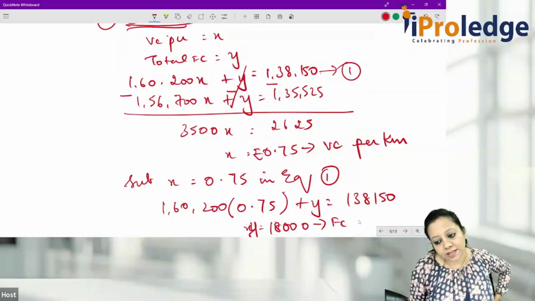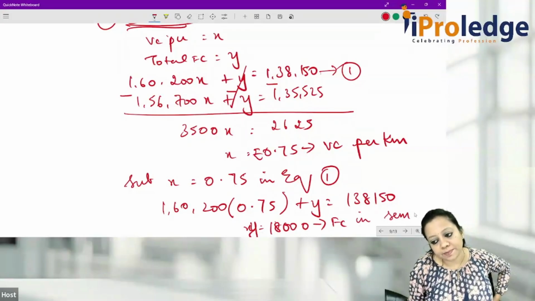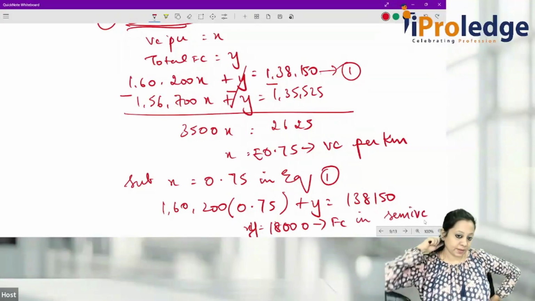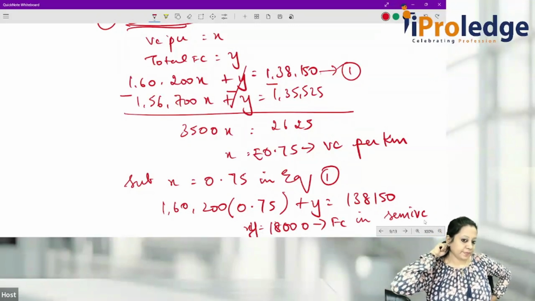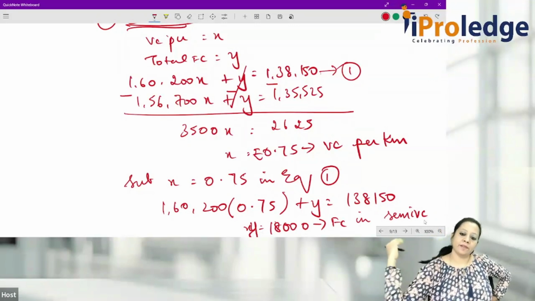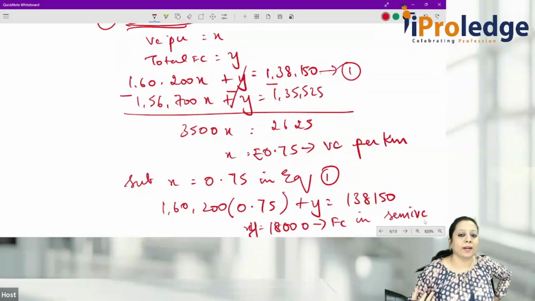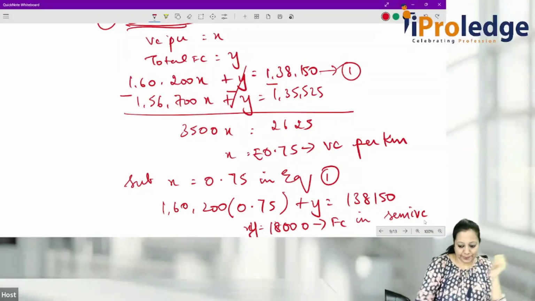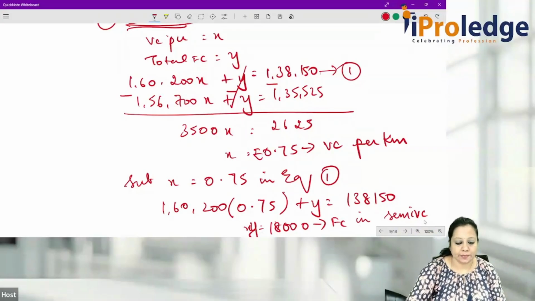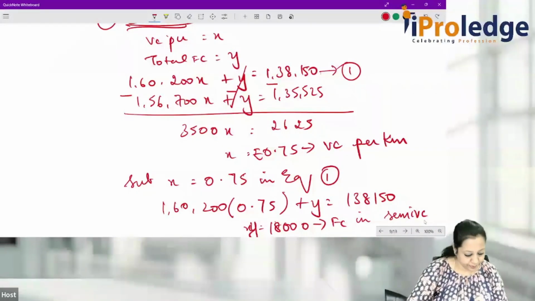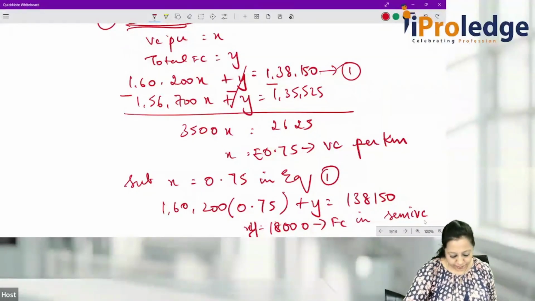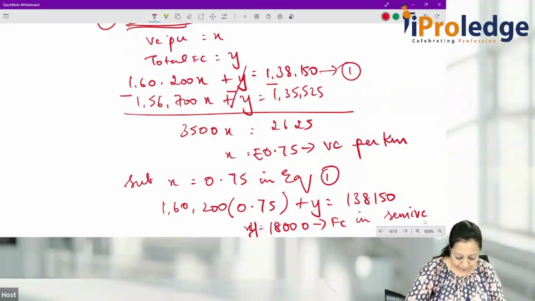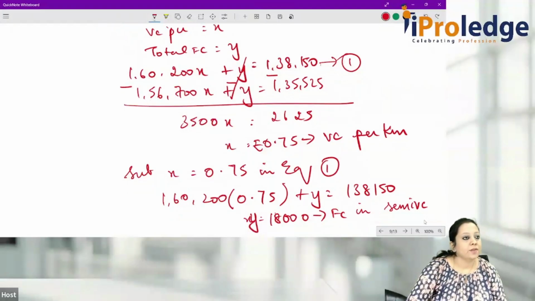This is the fixed cost in the semi-variable cost. If this much working is required, you can do it as a working note in the exam. Shall we proceed, students?